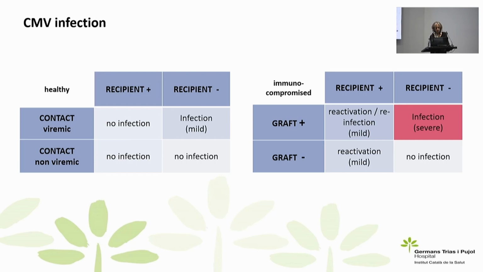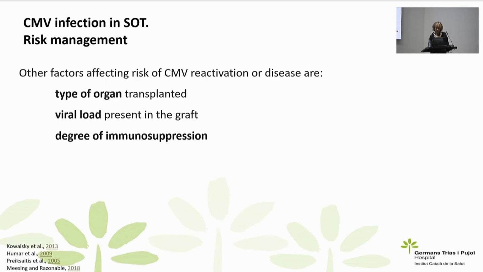If the patient is positive, that means that has some kind of competence against the CMV, perhaps could have a reactivation of its own virus that is in latency, or perhaps can have a reinfection.